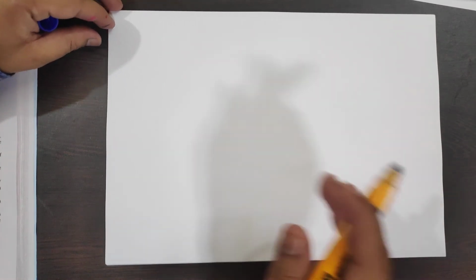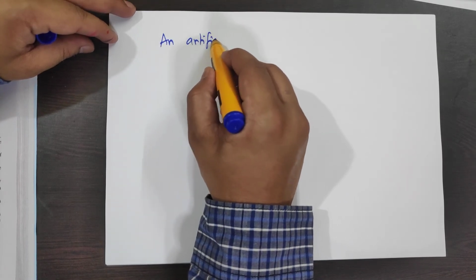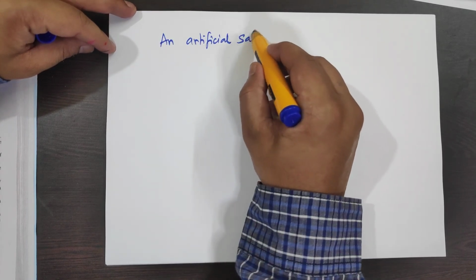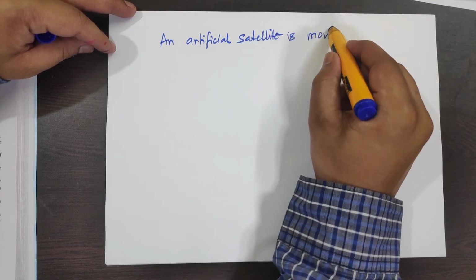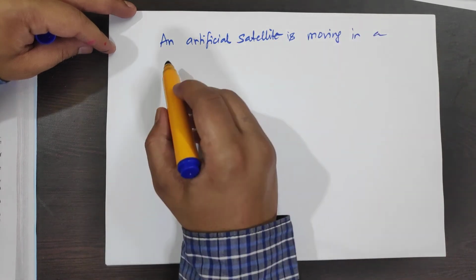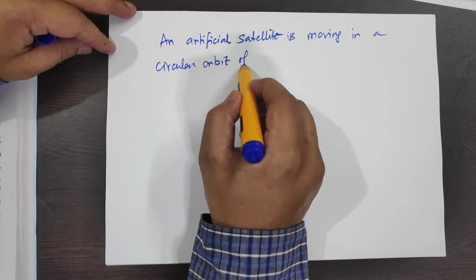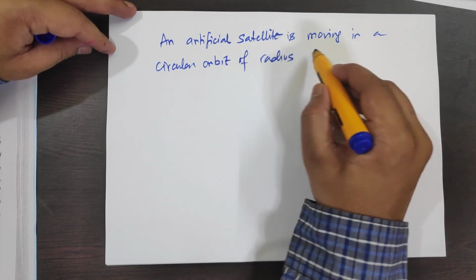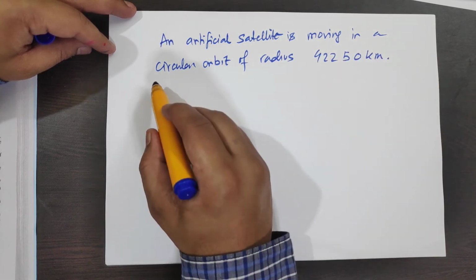Okay, let me do one more problem. This last one is in NCERT. An artificial satellite is moving in a circular orbit of radius 42250 kilometer.